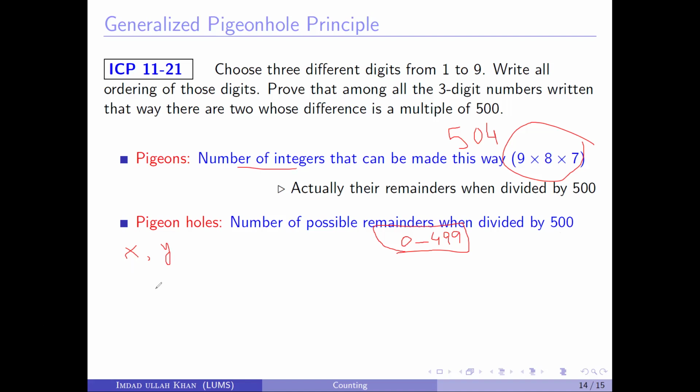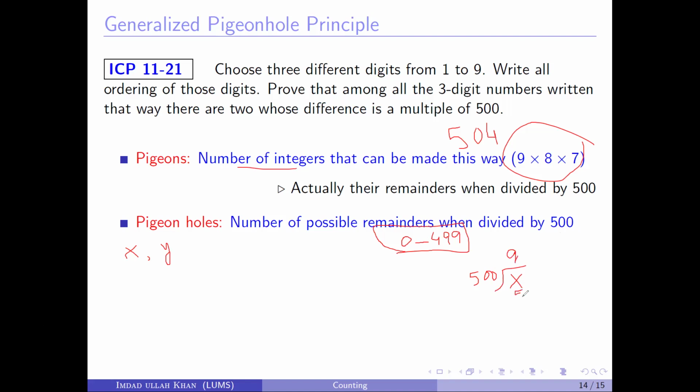That means that if you recall the basic division arithmetic, which I had asked you in the previous class to go over on your own, if you think of an integer, let's say x, we divide x over 500. So we'll be having a quotient over here.